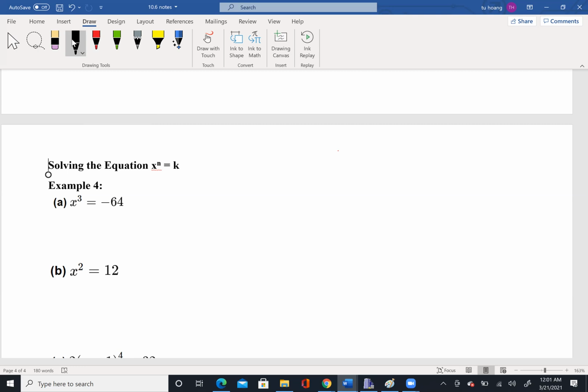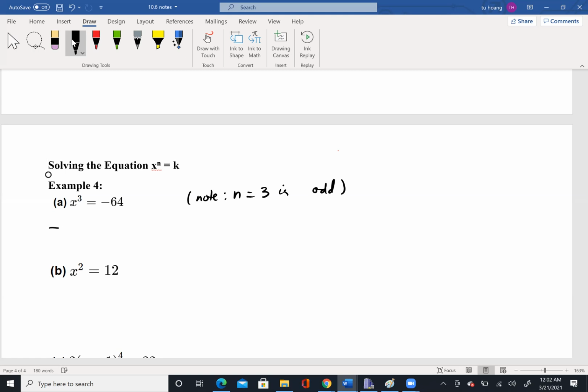So remember that in here I have n equal to 3, which is an odd number, right? It is odd.